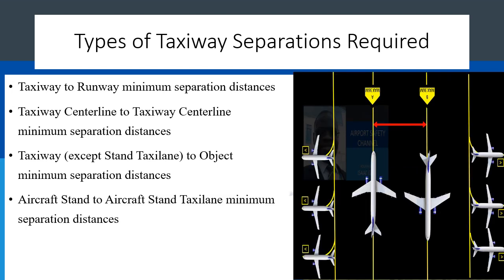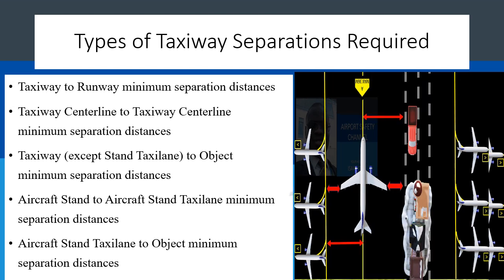We also have aircraft stand to aircraft stand taxi lane minimum separation distances. That is when we have taxi lanes on the apron. If you have challenges with what the taxi lane is, watch the previous videos.